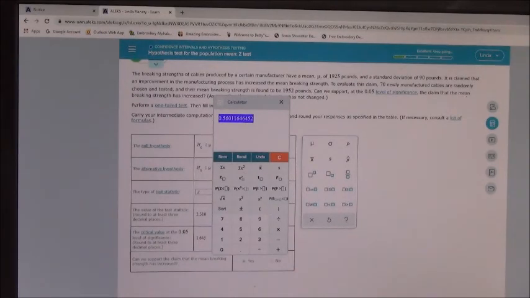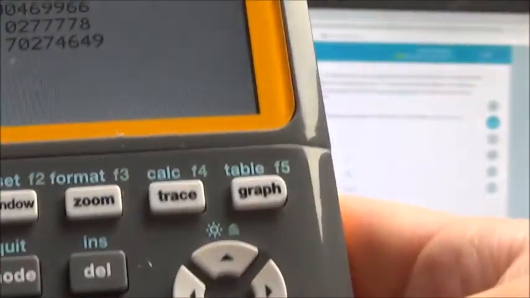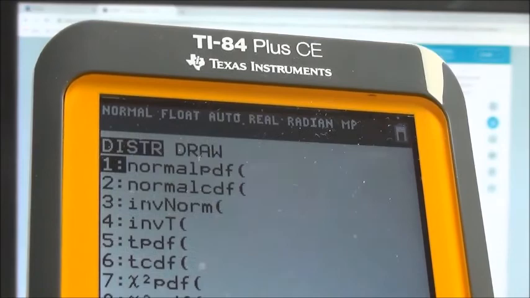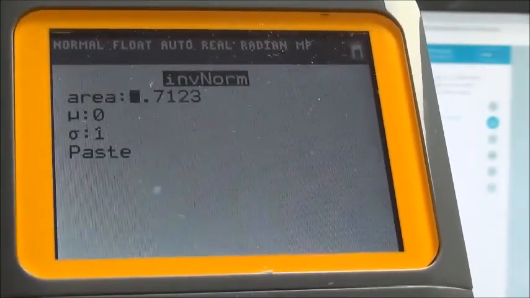Then I have to figure out my critical value. So again, in order to find your critical value, you can either use the Aleks calculator or your graphing calculator. If I use my graphing calculator again, I am going to do the second function and the vars key to get the distribution menu, and I am going to do the inverse normal, so I'm going to do number 3.